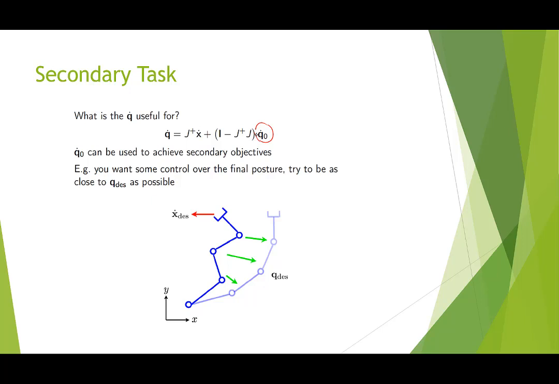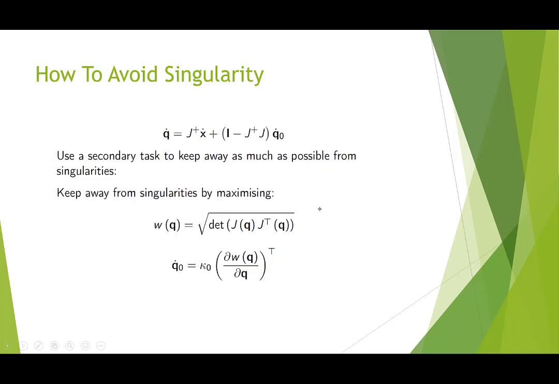I'm going to give you a couple of examples of secondary tasks. One, let's say we want to use q dot 0 to avoid singularity. How can we do that? We can build a cost function that ensures we never reach singular positions.